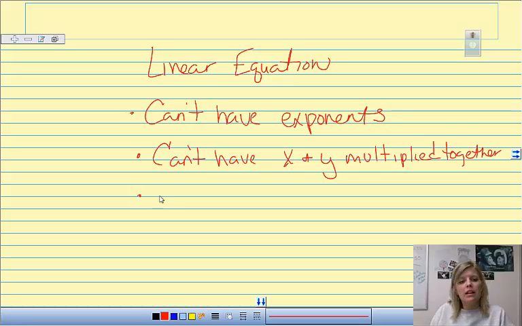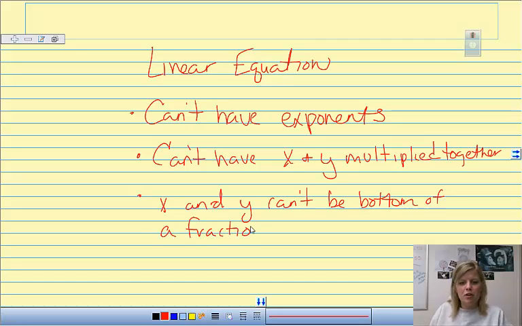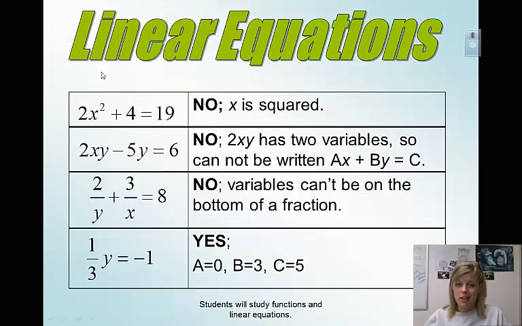And last but not least, x and y can't be in the denominator, can't be in the bottom of a fraction. Hopefully you can read those chicken scratches that I just put up there. Can't have exponents, can't have x and y multiplied together, and x and y can't be in the bottom of a fraction. So that is all we are doing for this lesson.